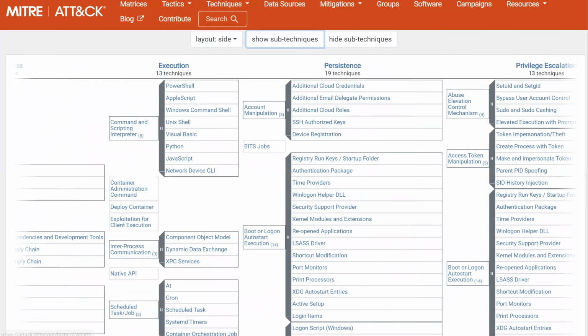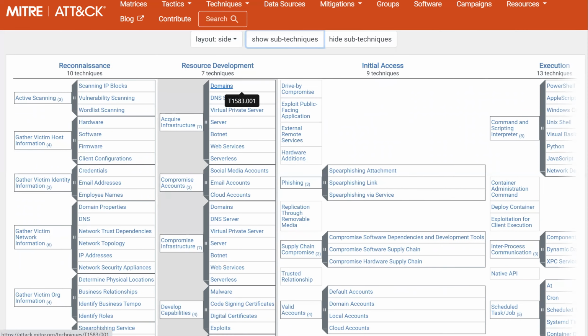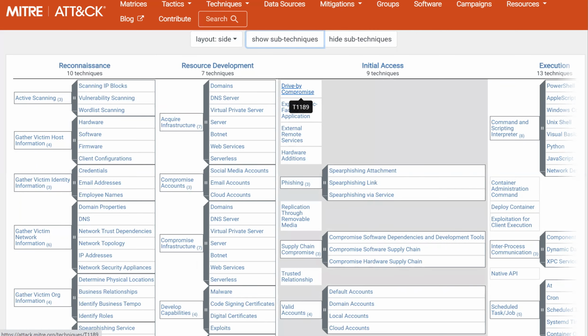Then each sub technique beneath that has also been given a unique identifier. So each part of that is T1583.001 for domains. And if I look at drive-by, it's got its own tactics and techniques inside there as well. So each of these have now been broken down.